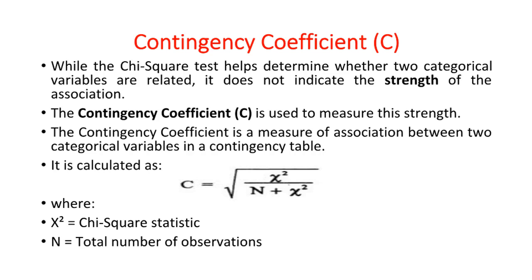The contingency coefficient is a measure of association between two categorical variables in a contingency table. It is calculated as C is equal to square root of chi-square divided by n plus chi-square, where chi superscript 2 is equal to chi-square statistic, n is equal to total number of observations.